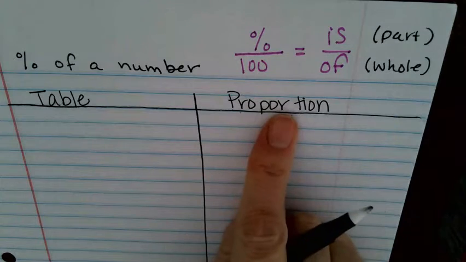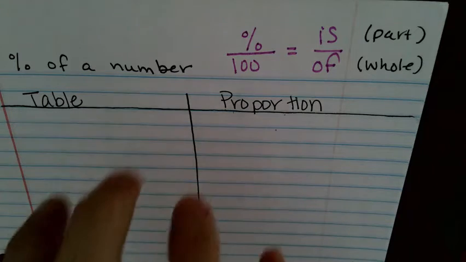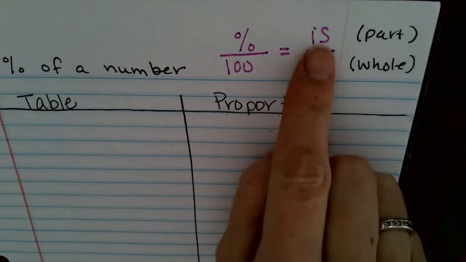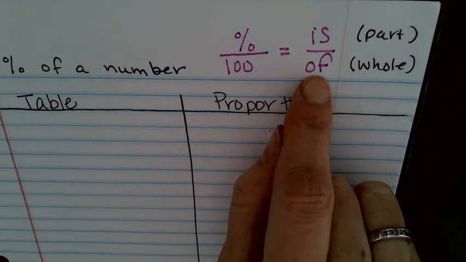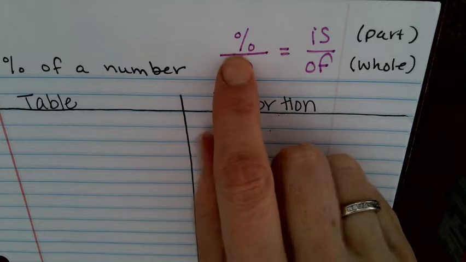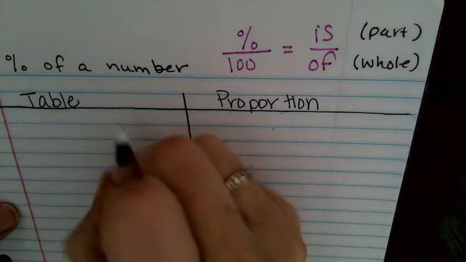Okay, so this is going to be more algebraic, and I'm going to show you a couple different things. Now, we already looked at how to find the part, but that's what we're going to continue to do. We're going to find the part, that's is. What happens if I don't know what the total was? What happens if I don't know what the percent is? Those are the things that we're going to do now. So write this down here.